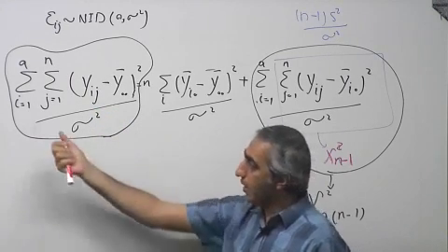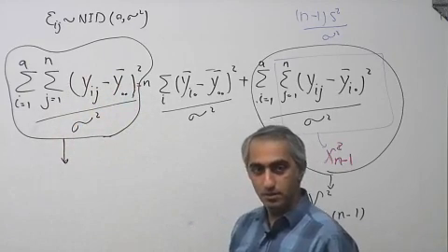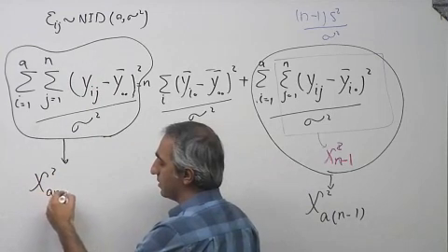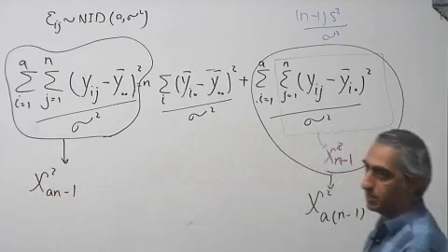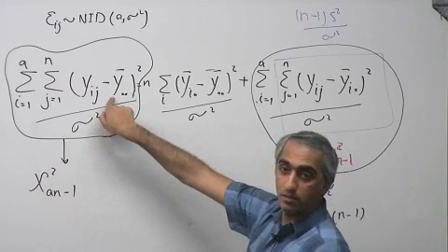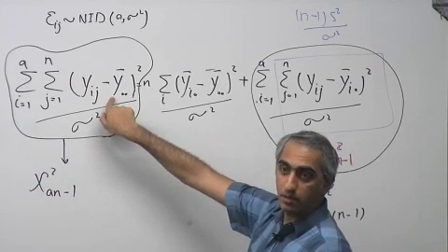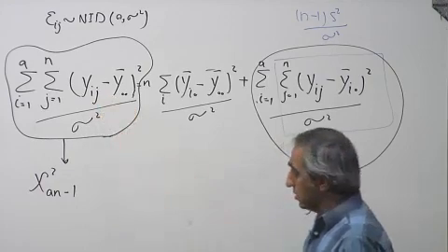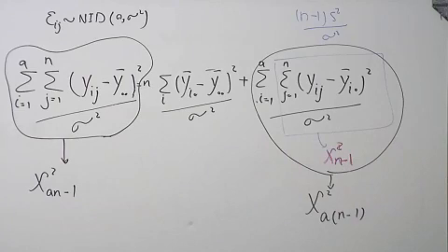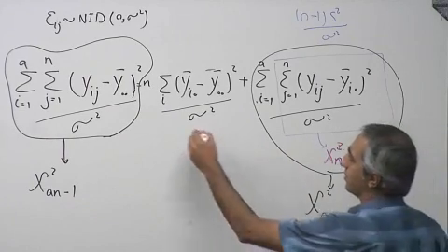Okay? How many do I have overall? So it's basically chi-squared with a times n minus 1 degrees of freedom. I'm losing 1 degree of freedom because I'm estimating this guy. So the first part is chi-squared with this degrees of freedom, the last part is chi-squared with this guy. What is this guy?